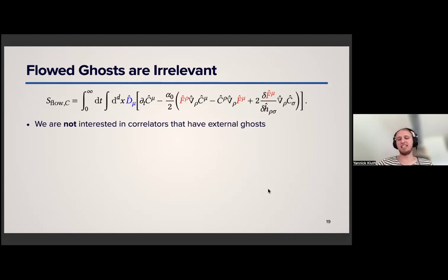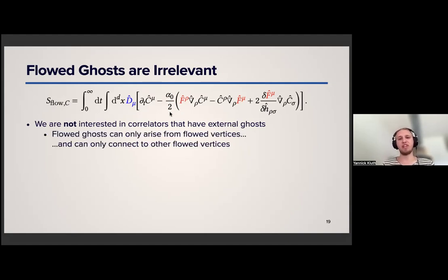And therefore, any flow ghost that I get in the Feynman rules from this can in any Feynman diagram only ever appear to start from a flow vertex. And it can also only end at another flow vertex simply because there's no other vertices that the flow ghost can connect to. And what this leads to is simply that you always get some sort of closed ghost loops, but these are now flow ghost loops.